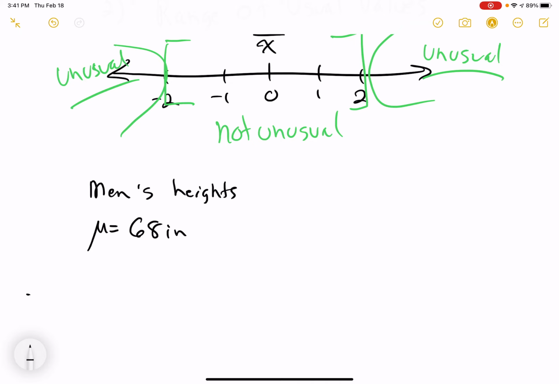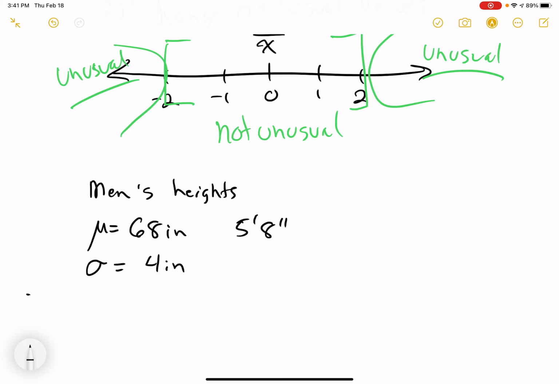Okay, so let's say that 5'8" is the average height for a man, which is pretty close. And let's say that the standard deviation for men is 4 inches.